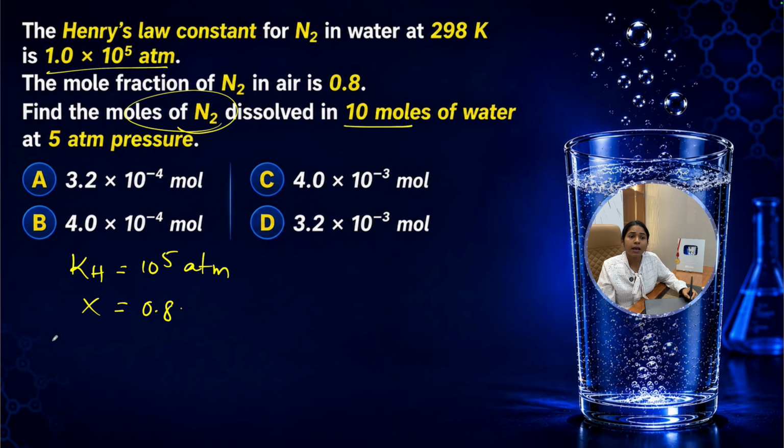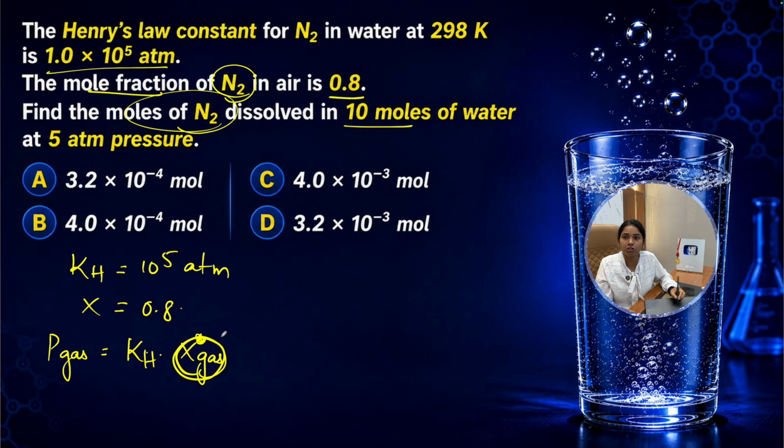See students, here the pressure of gas is equal to what you can find? KH into mole fraction of gas. This is the mole fraction of gas in the liquid, which uses this formula. But they have given the mole fraction of nitrogen in air.